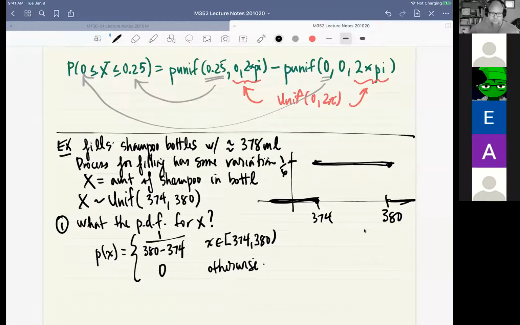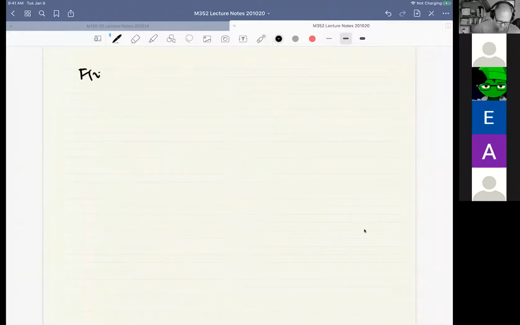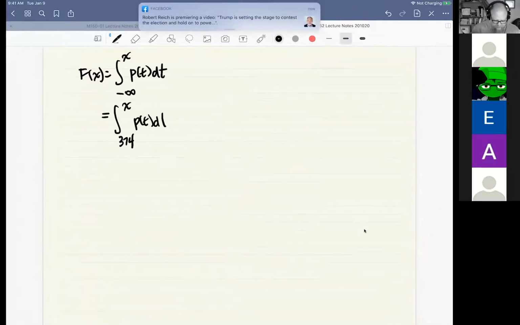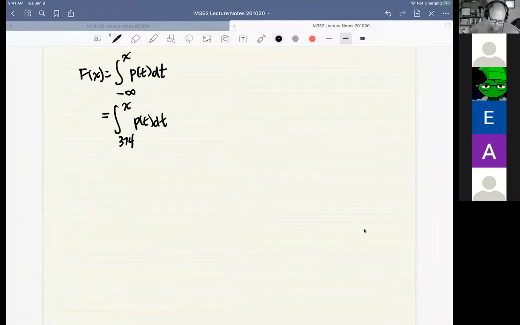So now let's look at what's the CDF. All right. Well, the CDF is the integral from minus infinity to x of the PDF. And because our PDF is 0 until we hit 374, I can write it this way. Maybe we want to just specify that our x is in the interval from 374 to 380.